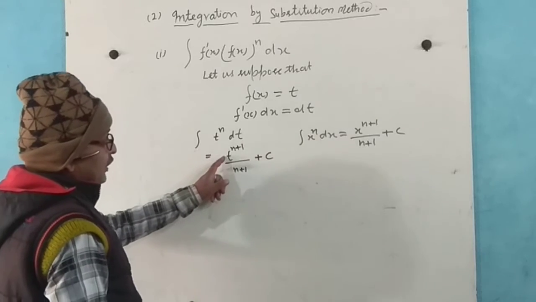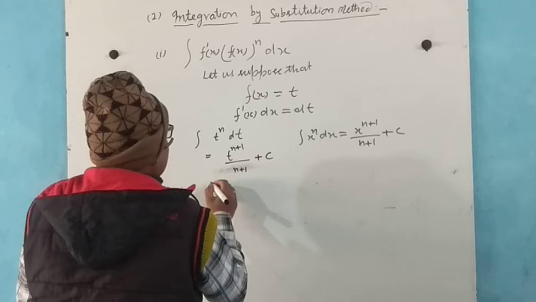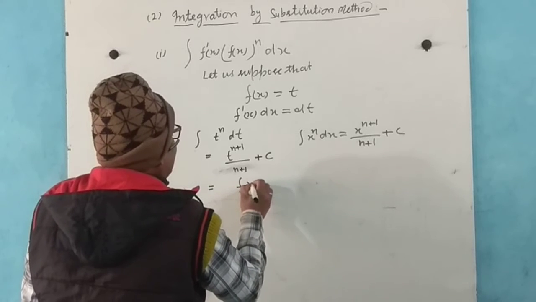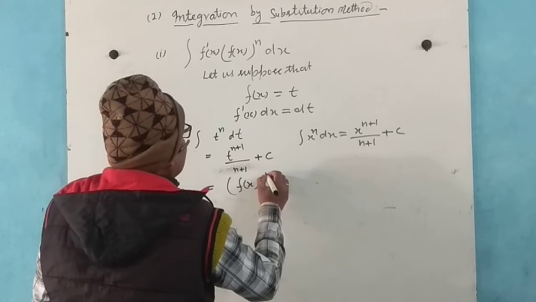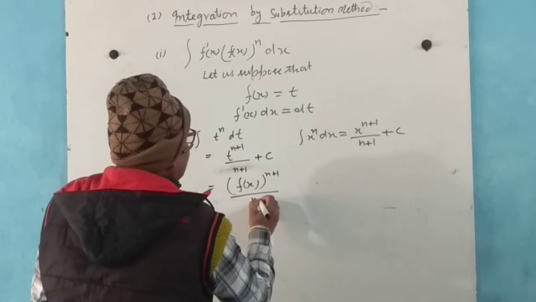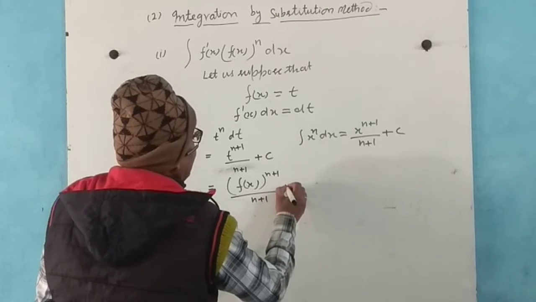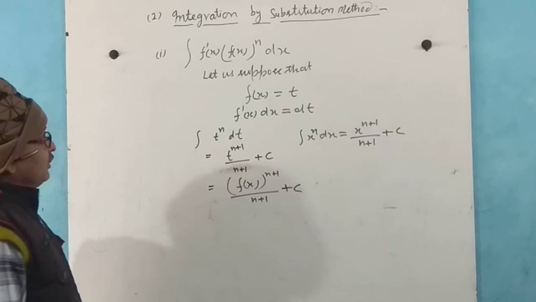Putting the value of t, t is f x, so this is equal to f x to the power n plus 1 divided by n plus 1 plus c. This is the integration of these functions.